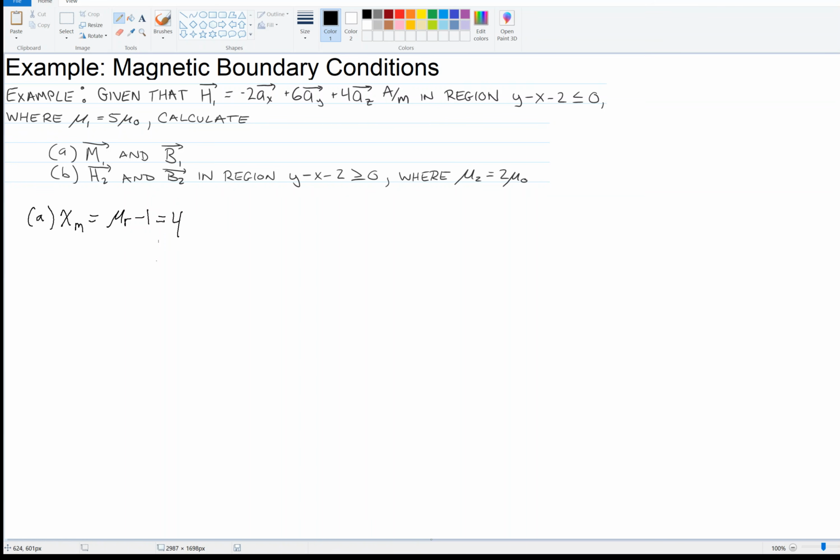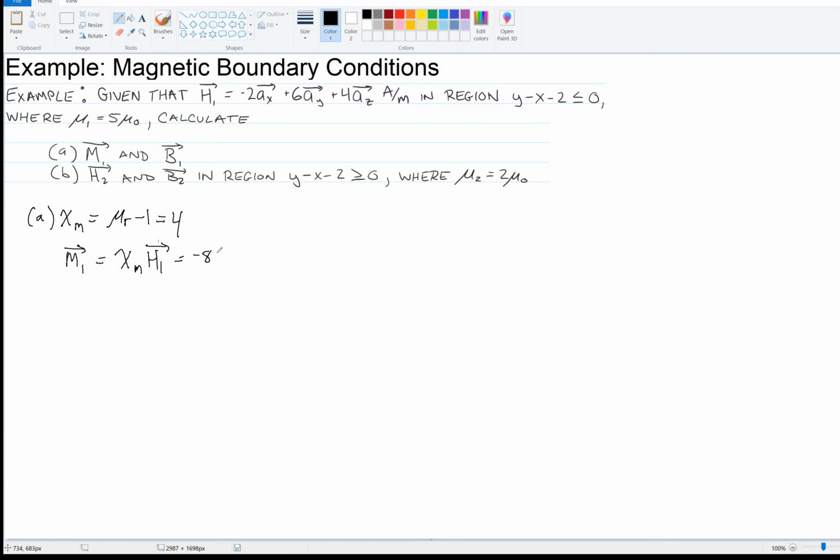And then if we want the magnetization in region 1, we saw in the previous video that it was the susceptibility times the magnetic field intensity in that region. So we've got that guy there, H1. And so if I carry out that multiplication, that would be 4 times each one of these components.